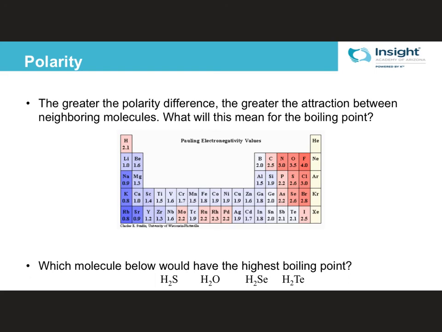Looking at these, we've got hydrogen attached to everything in this column. Which of those would have the highest boiling point, aka which would have the strongest intermolecular forces? That would be your H2O.